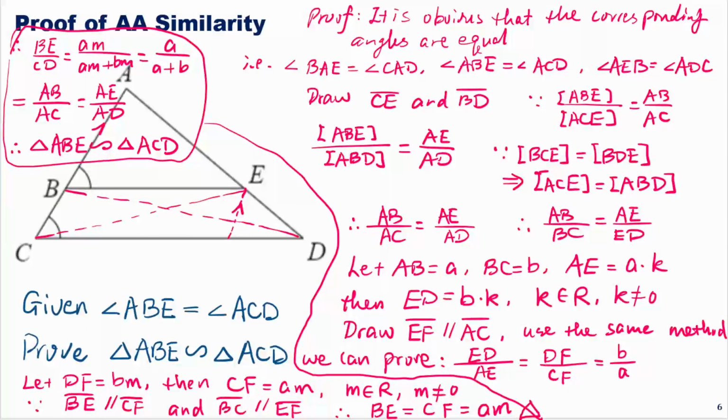Have a look at the proof here and let me know if you finished, okay? So we can use this method to prove AA similarity theorem is actually true. So next time you want to determine if two triangles are similar, you can use AA similarity to show if two triangles are similar.